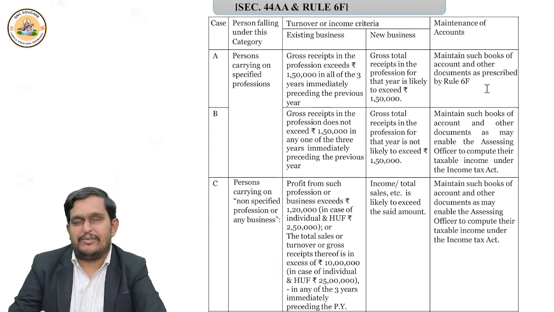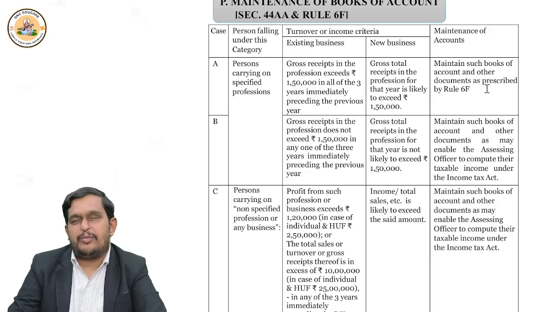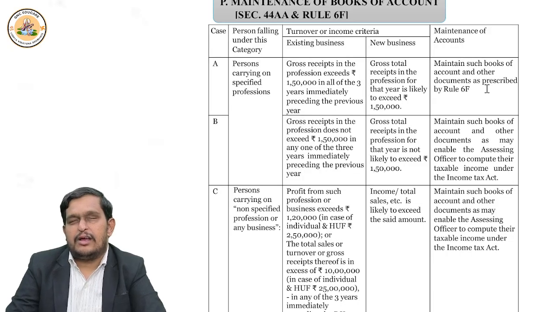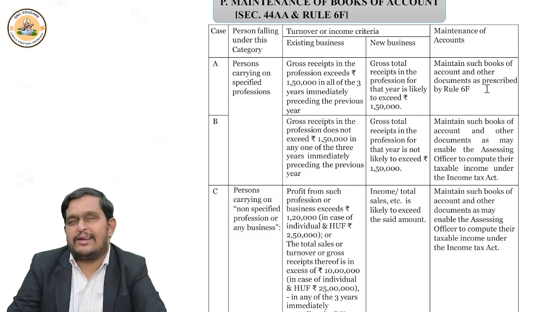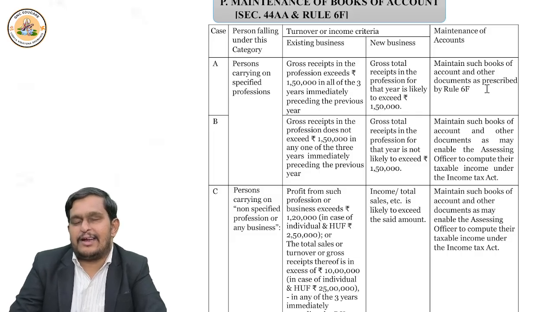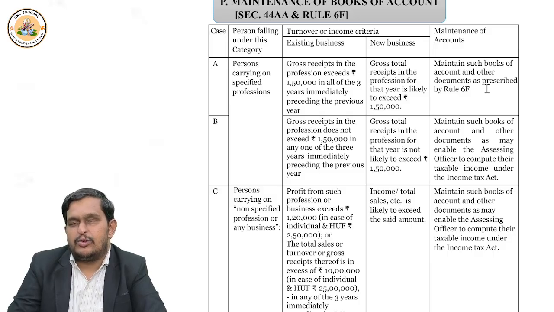Now let us recap with a practical example. Suppose for your exams, 24-25 is your previous year. Now, in 2024-25, which books should you maintain? To check, you will see the last 3 years' data, like 2023-24, 22-23, 21-22.